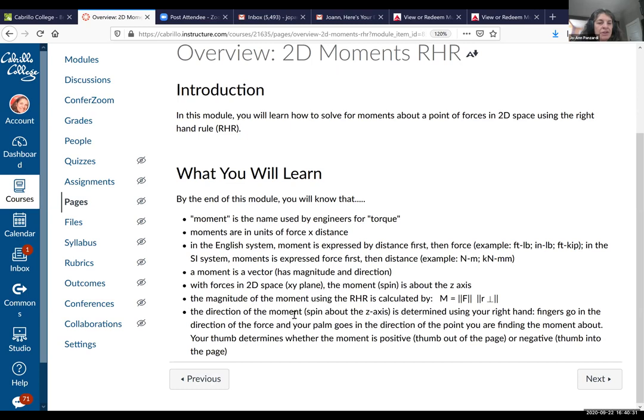And the direction of the moment is found with your right hand. So everybody use their right hand right now. Put your fingers together, make it flat. Fingers go in the direction of the force. The palm goes towards the point you're trying to find the moment about.